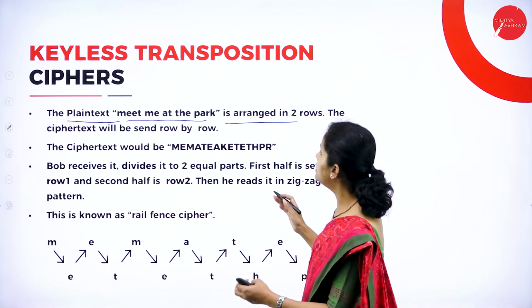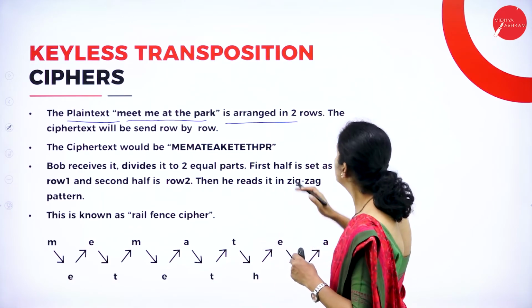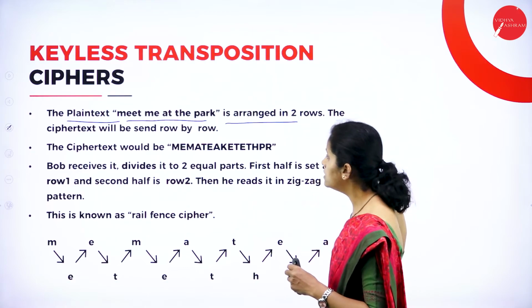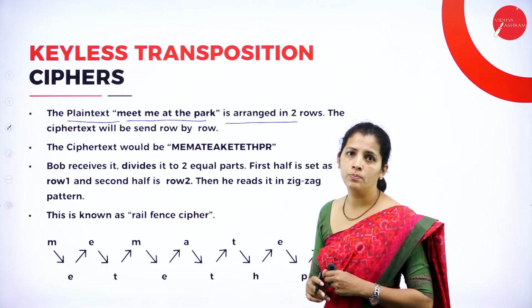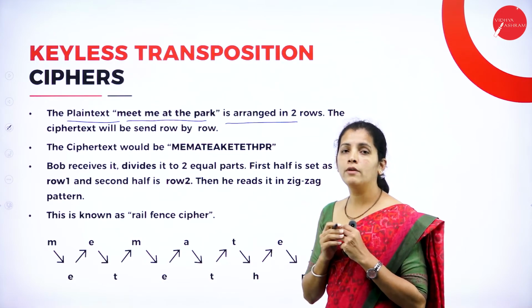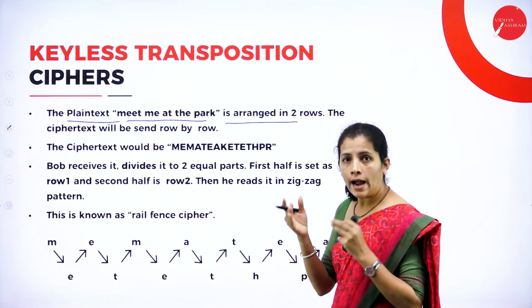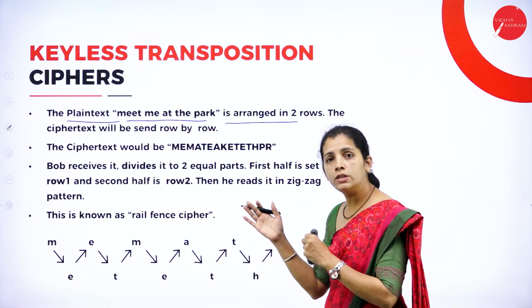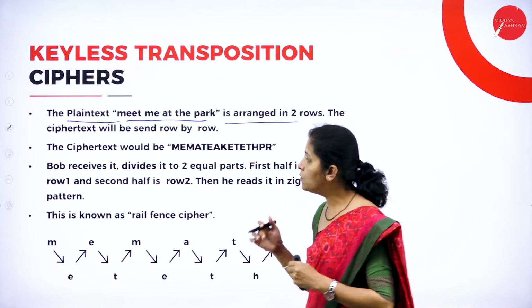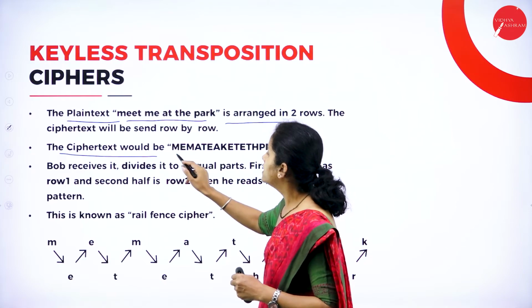Whatever the plain text I'm going to have, I want to write that in 2 rows. The ciphertext will be sent row by row. So I want to write this plain text in 2 rows and send the rows to the receiver.